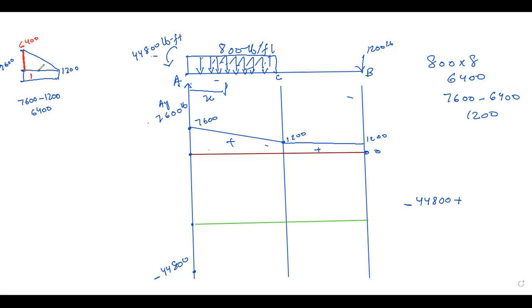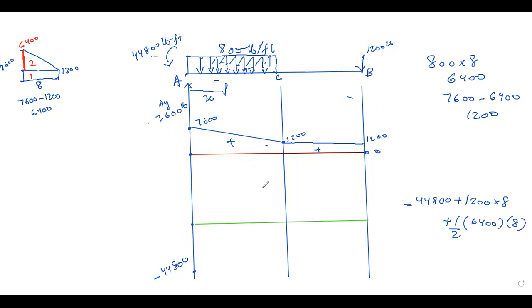This is one rectangular body and one triangular body. Now we have to find the area for both the bodies. The distance from here to here is 8, constant for both the bodies. So for this body, it will be 1200 into 8 plus half AB, where A is 8 and B is 6400 into 8.